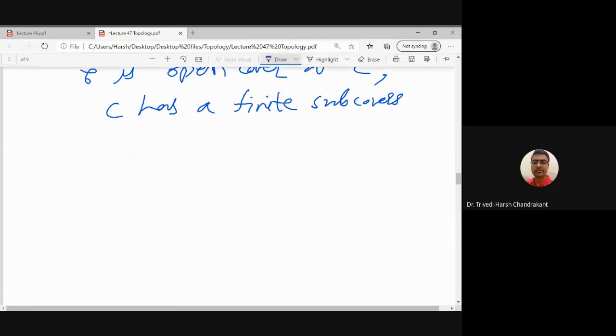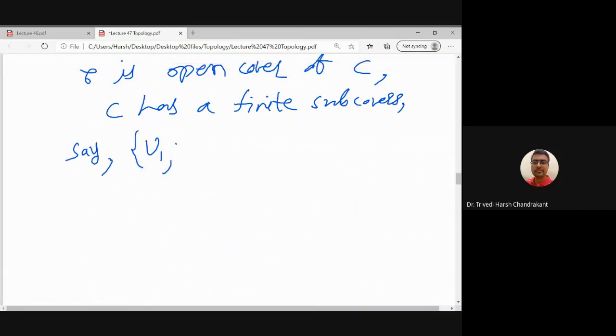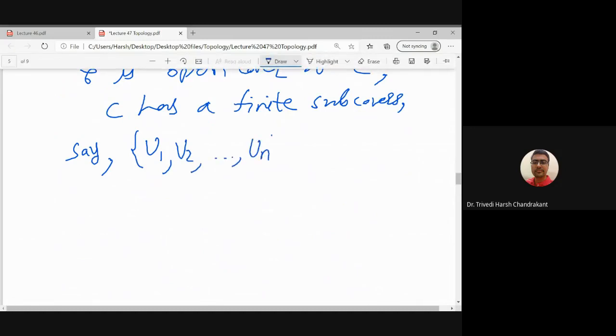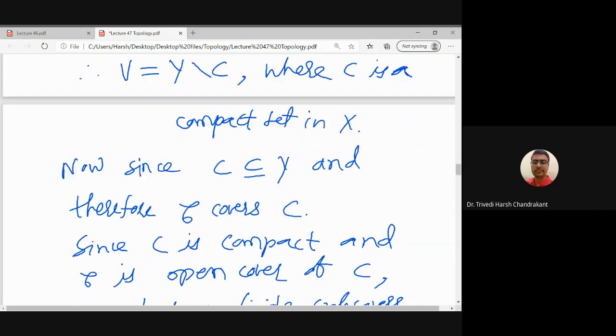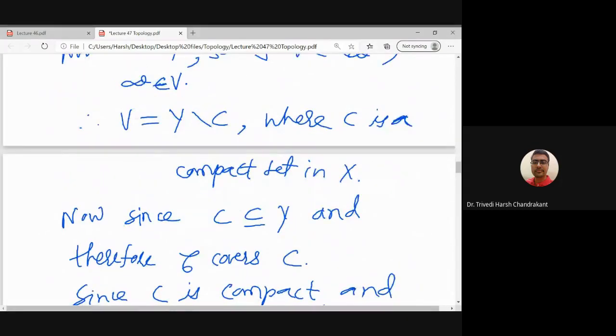So let us say that this subcover consists of the sets U1, U2 up to UN, all elements of the cover, right? So this compact set C is covered by U1, U2, UN, and the complement of C is basically V, right?